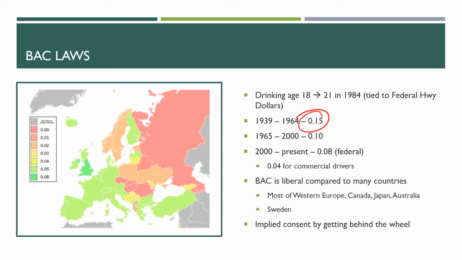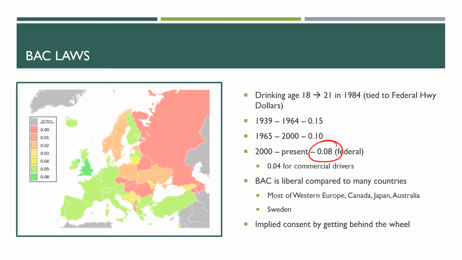They didn't have as sophisticated techniques for detecting blood alcohol levels. So this is partly driven because of a reduced sensitivity of the lab testing, but it was also quite high. In 1965, it was brought down to 0.10, and in 2000, across the board in the United States, the drunk driving limit was reduced to 0.08.